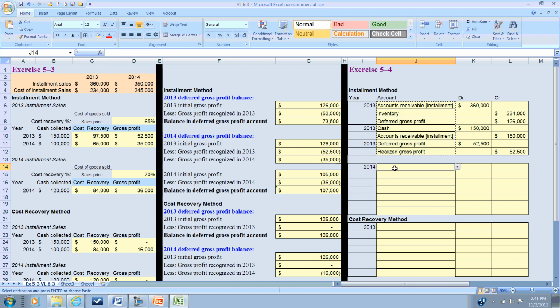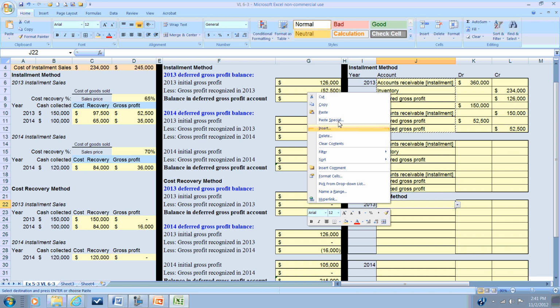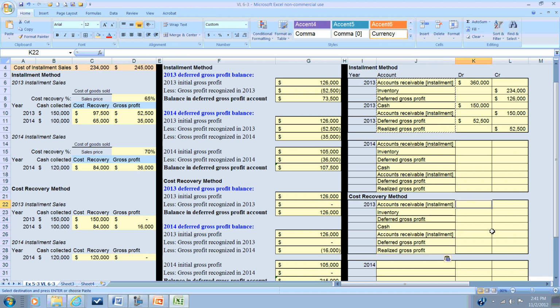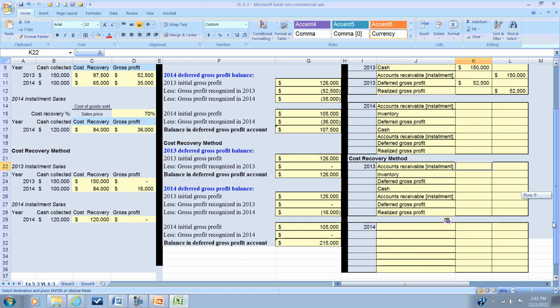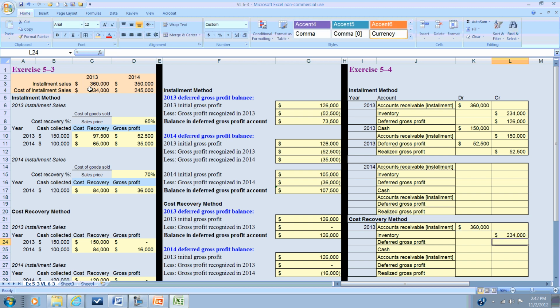The accounts used in each succeeding year will be the same in the subsequent year, and it will be exactly the same in the cost recovery method. In the cost recovery method, again, we would increase our accounts receivable by the sales, reduce down the inventory, and the difference would be our deferred gross profit.